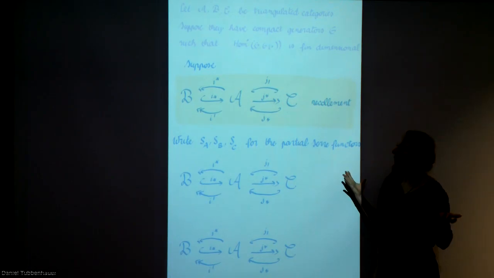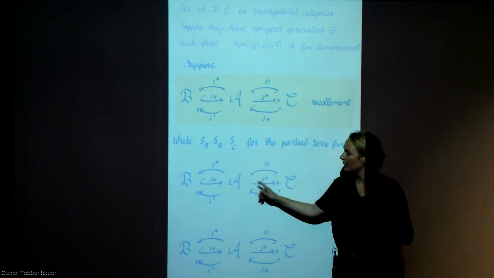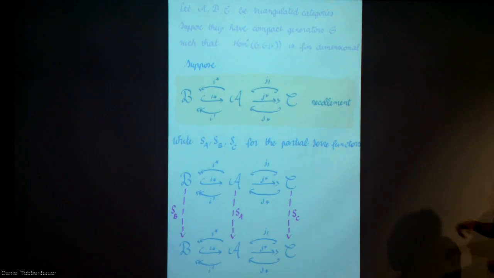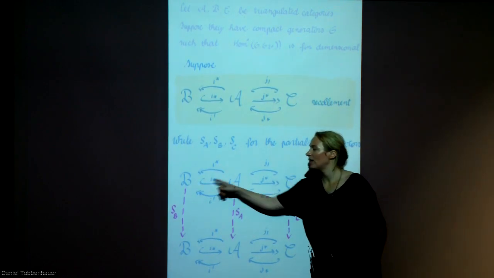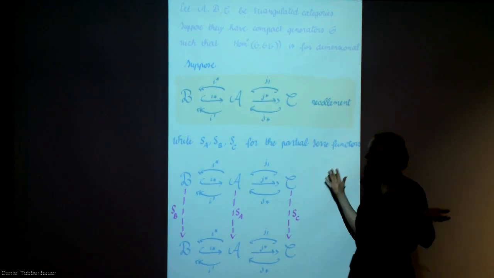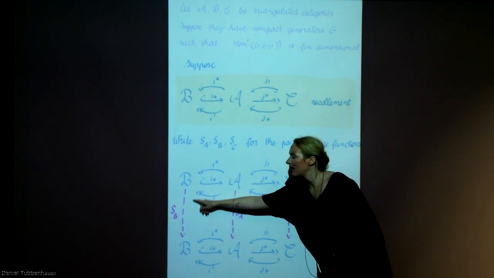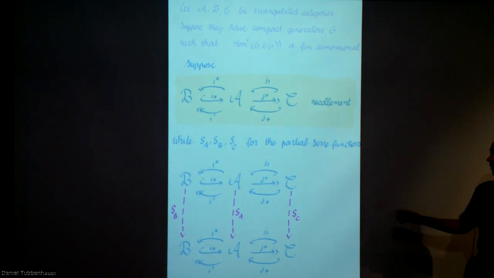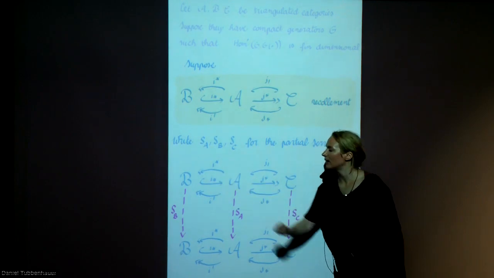And I told you that partial Serre functors always exist. So let's build partial Serre functors on A, B, and C. The reason I have this dotted line is because, as I said, these are usually the big categories, the unbounded derived category of all A modules, for instance, whereas these will be defined only on the compact objects, for instance the homotopy category of projectives. So this is not an actual functor, it's only defined on certain subcategories.